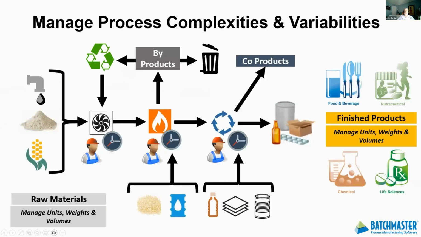If you ever wanted to know what process manufacturing looks like, there's a cute little diagram that brings raw materials together in a series of stages. The interesting thing about process manufacturing is you use weights and volumes. You know what you're bringing in, but you never know what's coming out. So the batch results are always variable, and you may have byproducts and co-products.